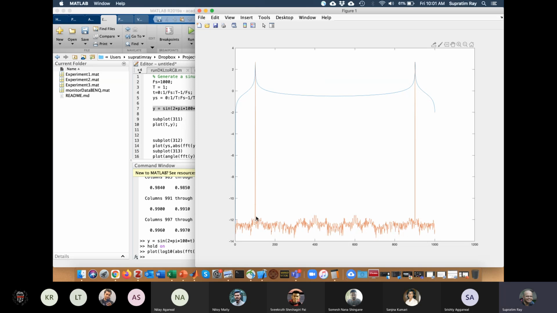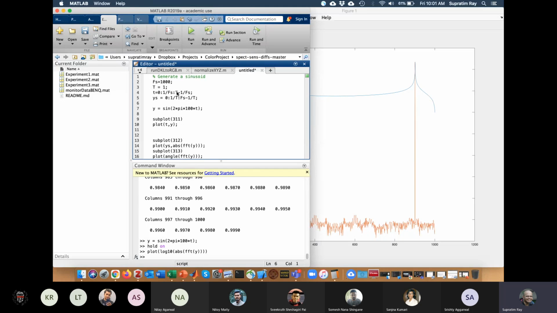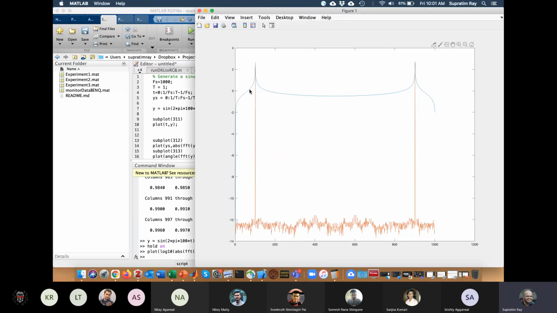This one with exactly 1000 points on a log scale, this is 10 to the power minus 12. This is like the bit resolution here. So it only has power at 100 hertz and nowhere else. But just adding one extra sample to make it 1001 points actually produces so many other frequencies in the representation.